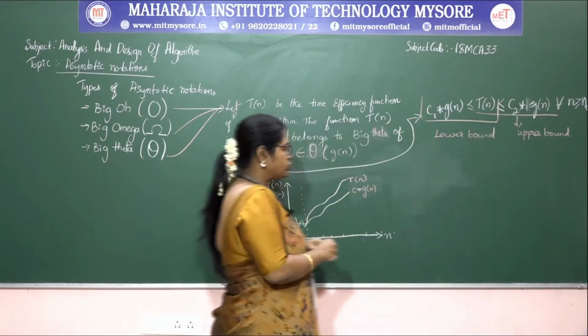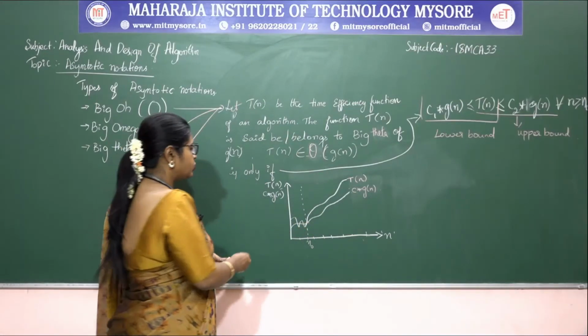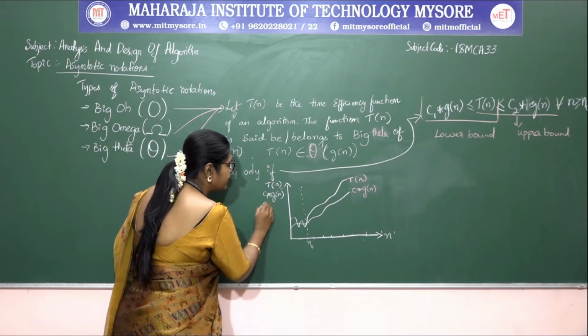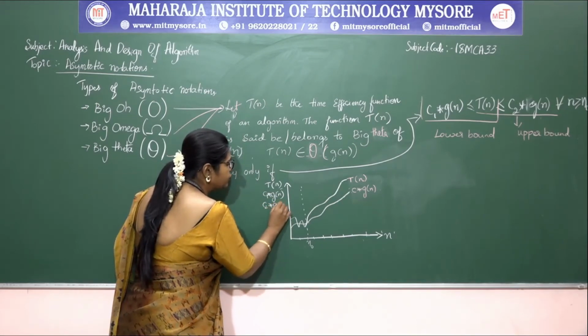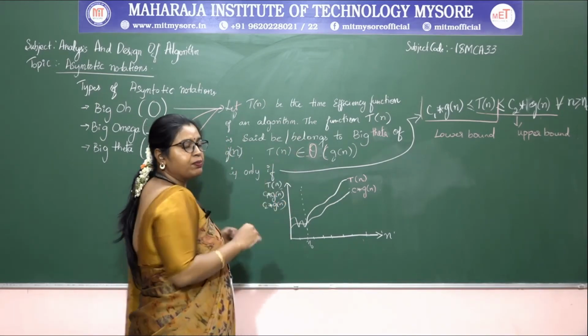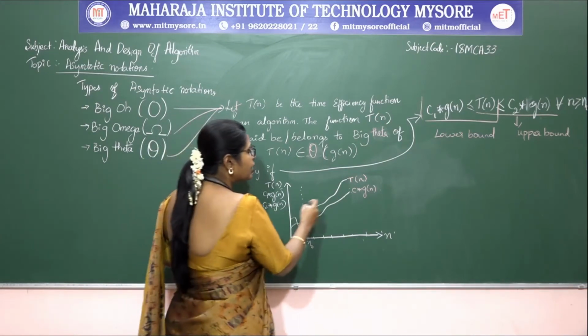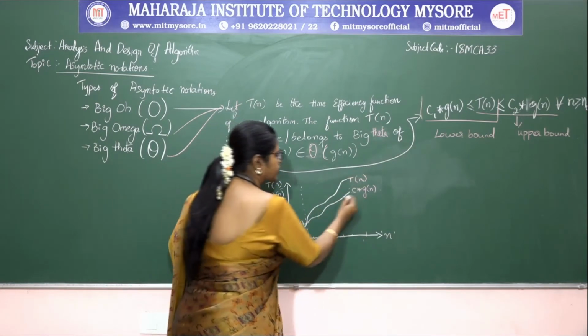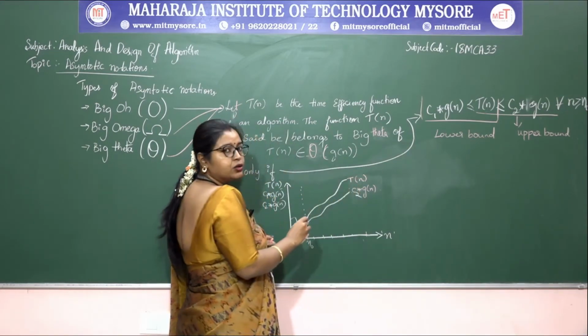So if I draw the graph, here is C1 into g of n, and another one is C2 into g of n.